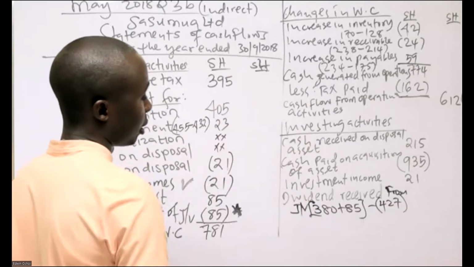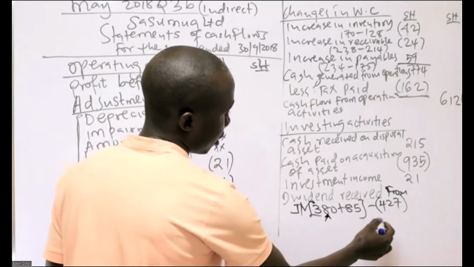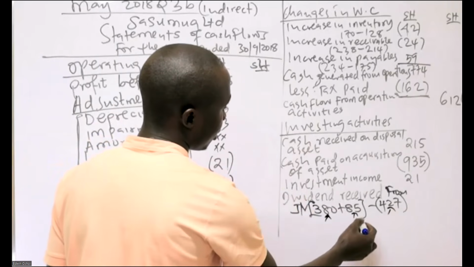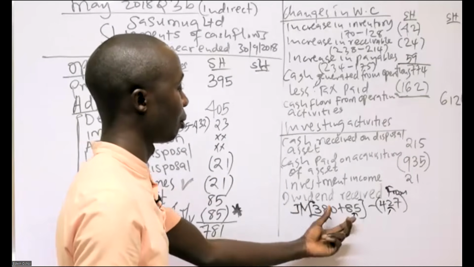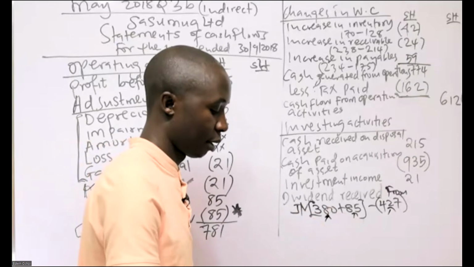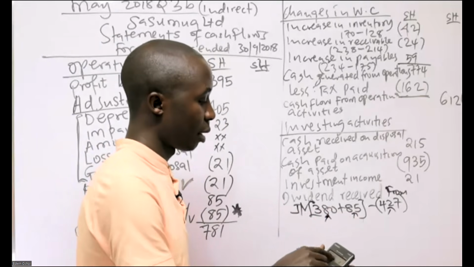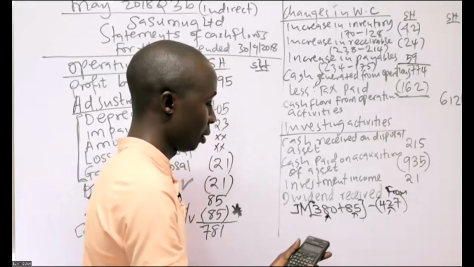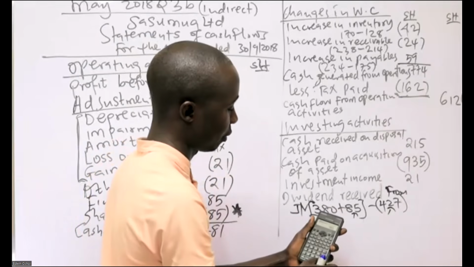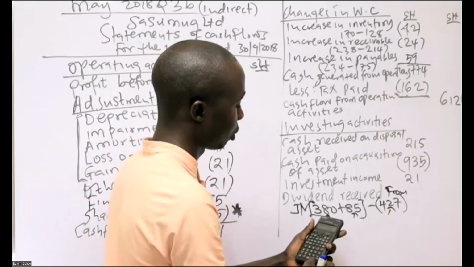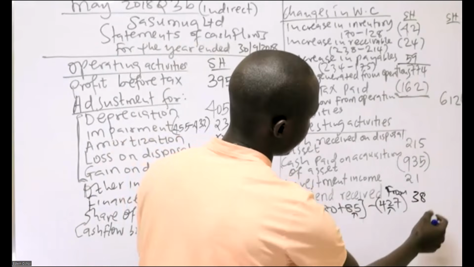So this is the interest in joint venture, the balance brought down, the balance carried down. The only thing I have added here is the share of profit of joint venture, what they were receiving during the year. So meaning that their investment increased from 380 by 85. 380 plus 85, 465. But their investment at the end is 427. Why did it reduce to 427? They received some dividends of 38.